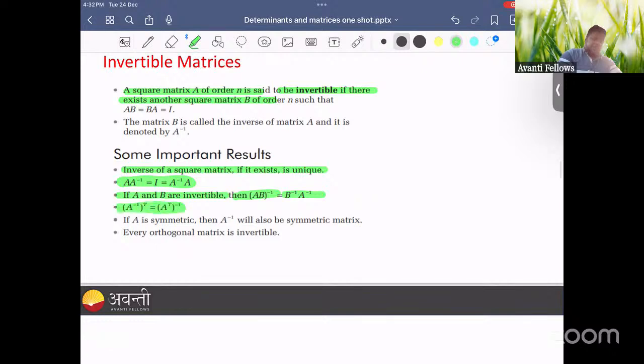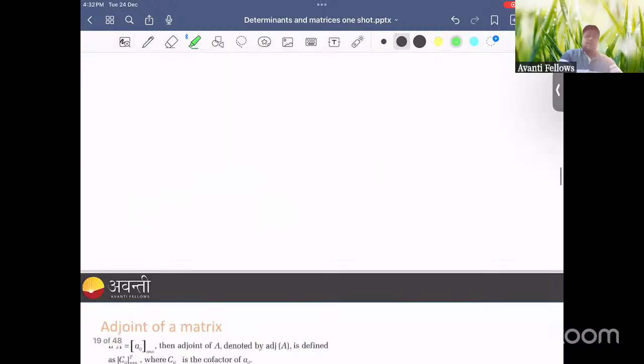Now, A inverse will also be symmetric, and every orthogonal matrix is invertible, and its inverse is its transpose. Got it?